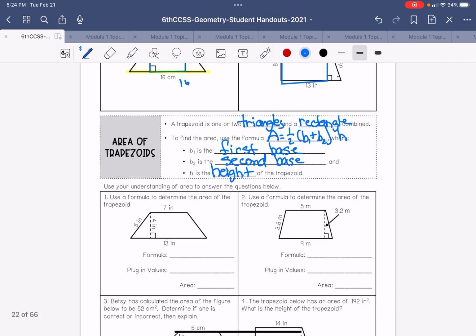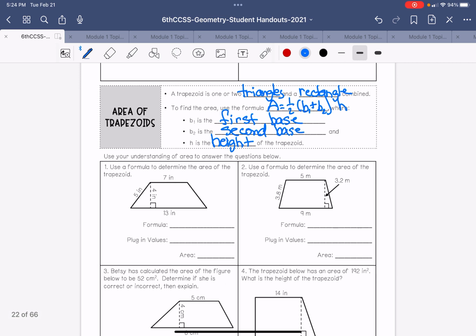All right, so if I look at this one, my formula, 1/2 base 1 plus base 2 times the height. So base 1 here is 13. Base 2 is 7.